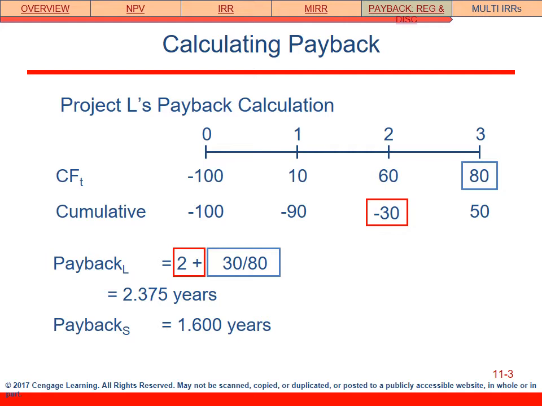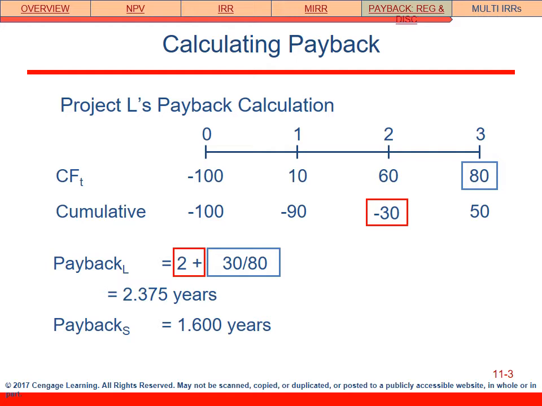For Project S, we calculate its payback using the same method. Project S had a $100 cost in year 0. In year 1, we recovered $70 of that $100. So at that point, after year 1, we only have $30 left to recover. When we look at year 2's cash inflow, that's $50.